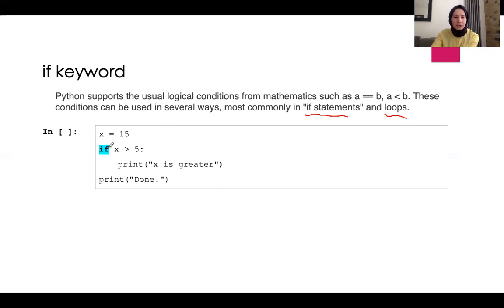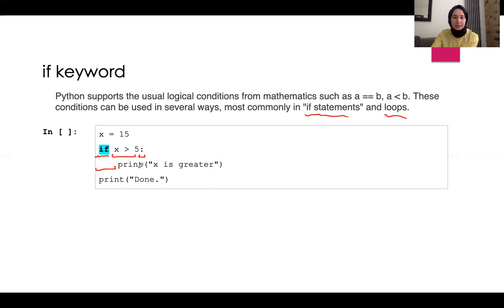We use the if statement in Python to check the conditions. First of all, you need to write the if, then you put your condition here, and at the end you have to use the colon. Any statements that will be executed after the if statement should be inserted with an indentation.